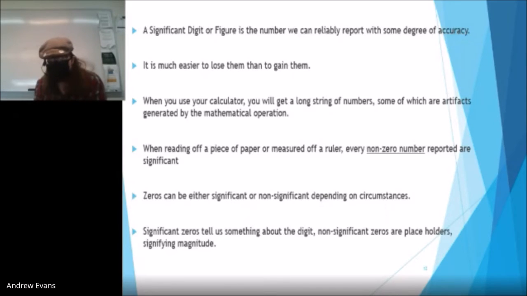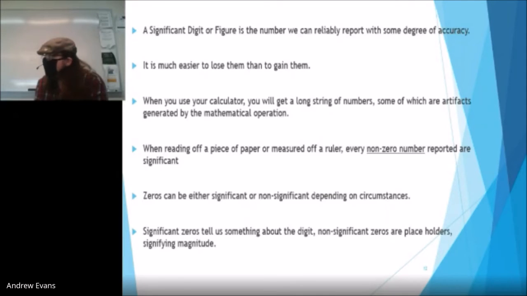So when we write these numbers down, whether it's reading it off a piece of paper or measuring this off a ruler, every non-zero number is always going to be significant. The question of whether a number could be significant or not comes in the zeros. When we look at a zero, a significant zero tells me something about what it is, and a non-significant zero just tells me something about the size.